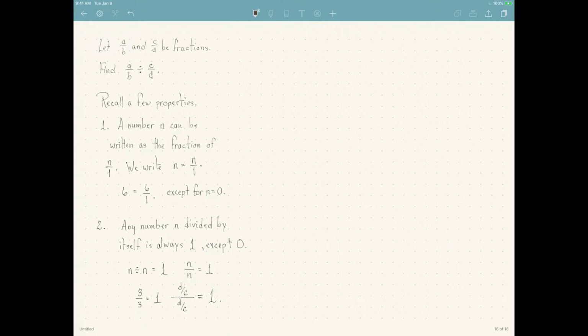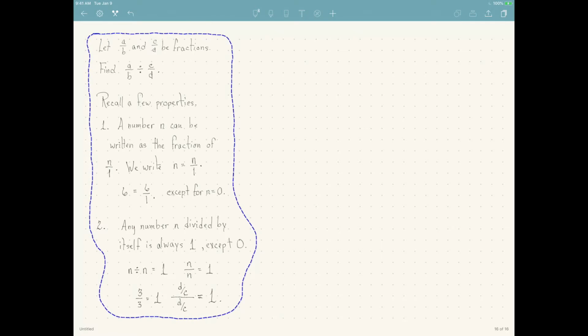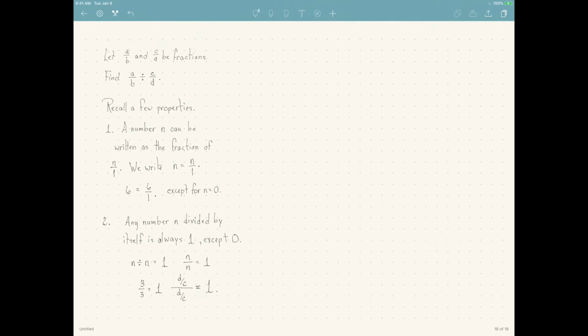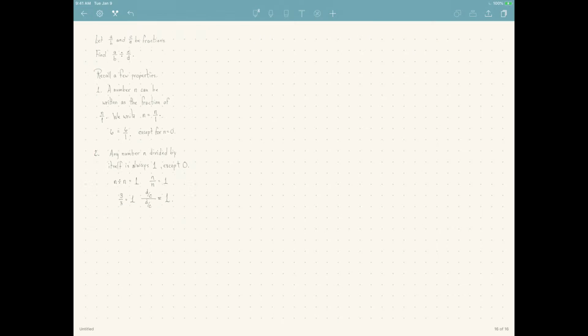Now I need some more real estate here, so I'm going to cut that, paste it, and resize it, and move it up here so that if we need it later, it's still at our disposal, and now we can keep going.